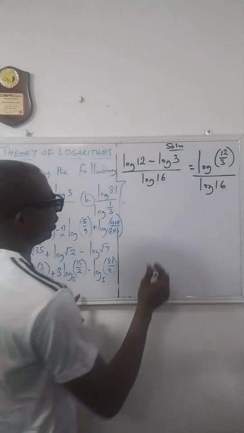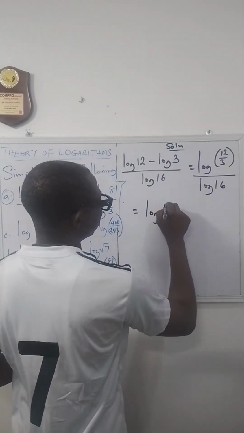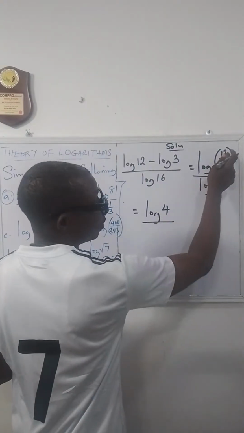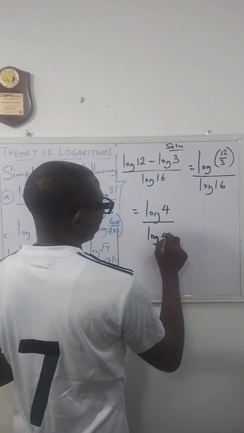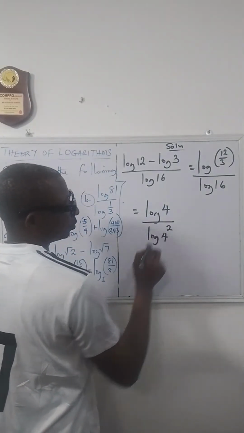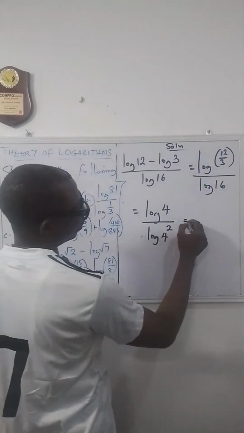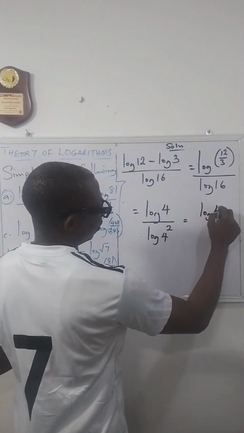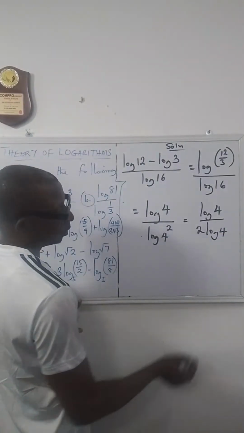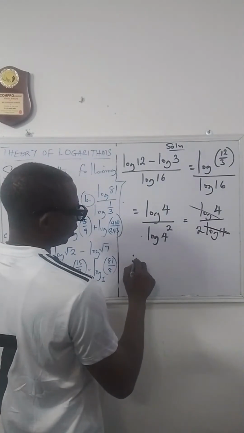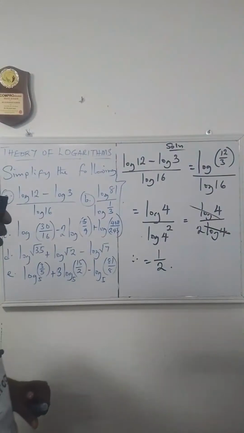So now this gives you log of 4, because 12 divided by 3 is 4. But 16 can be written as 4 raised to the power of 2. So we move this power to this side. So we have log of 4 over 2 log of 4. So we cancel this. Therefore, our answer will be 1 over 2. So that is the answer to the first part of the question.